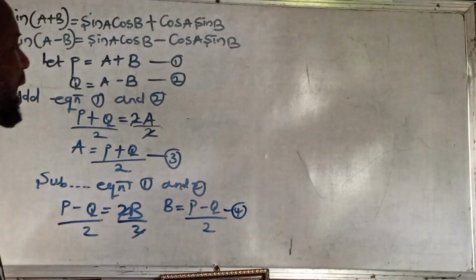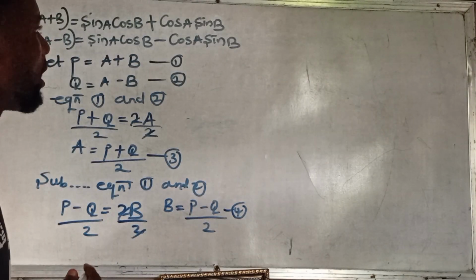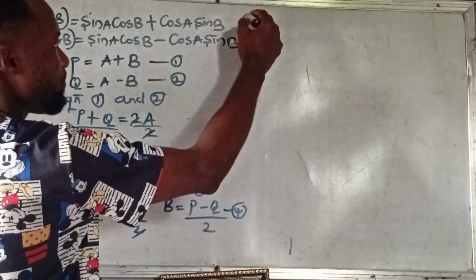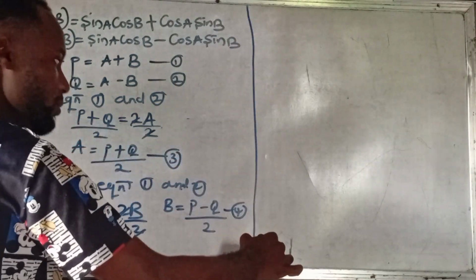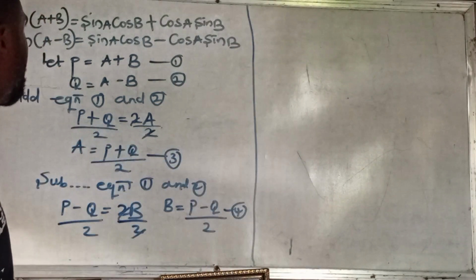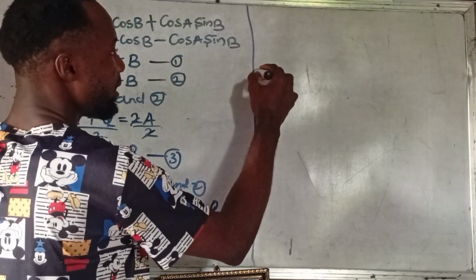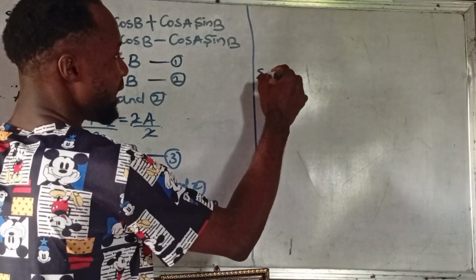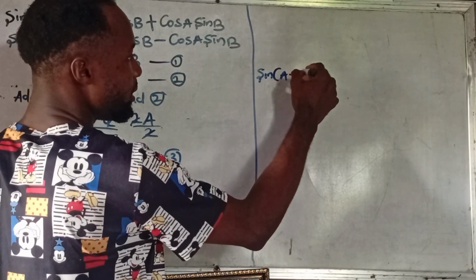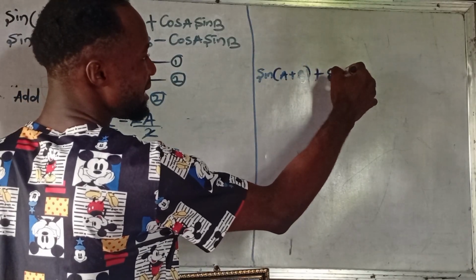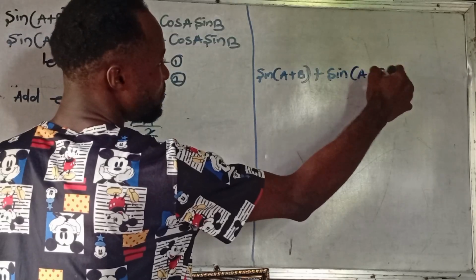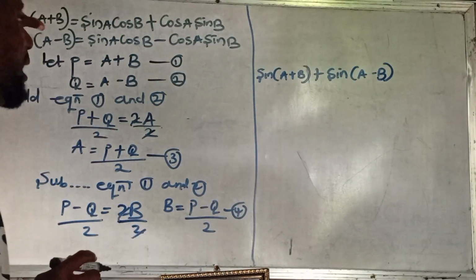Okay, let's go to the main solving now. If I want to add this, permit me to divide the board. Let me add this and this. Remember, sine A plus B plus sine A minus B. I'm going to add these two things together.